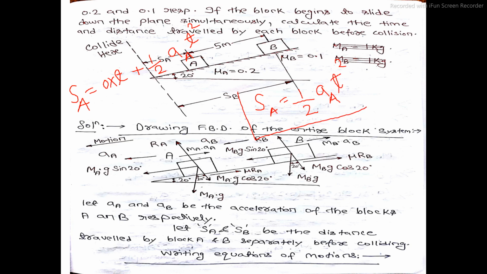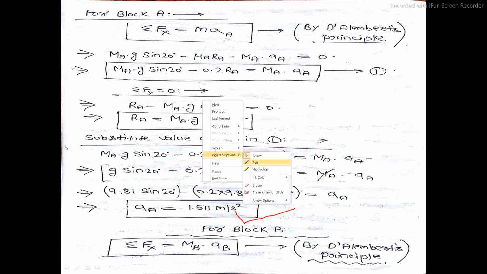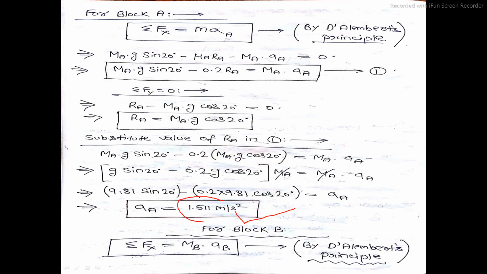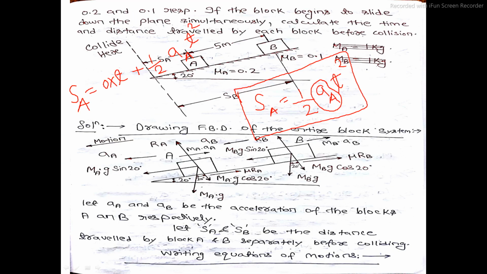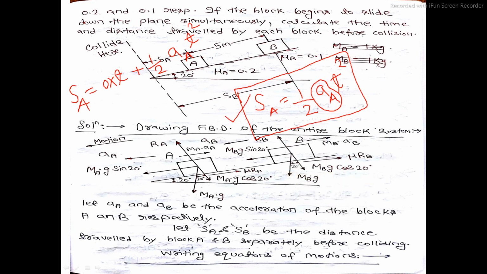In this equation, what do we know? We know the value of AA, the acceleration of block A. Just now we found the acceleration of block A by writing the force equilibrium equation for block A. So just substitute the value of the acceleration of block A, that is 1.511 meter per second square, in this equation.